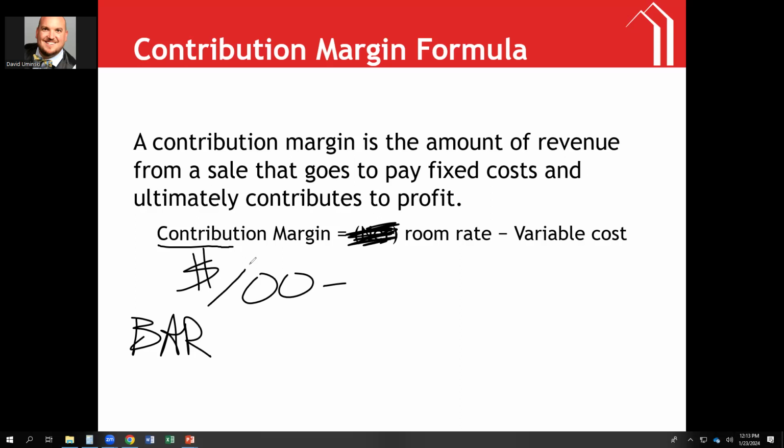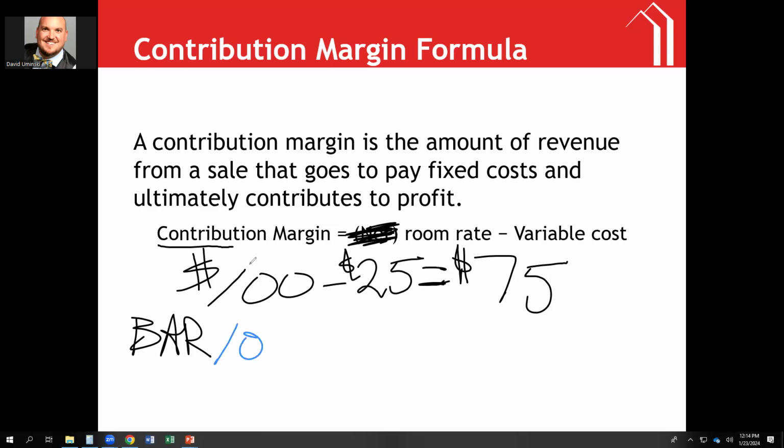Okay. So our variable costs are all those costs associated to cleaning that room and getting it ready. Let's say it's $25. Then that means my contribution margin is $75. Now, let's pretend I sell this on Expedia, and Expedia is a 30% commission.